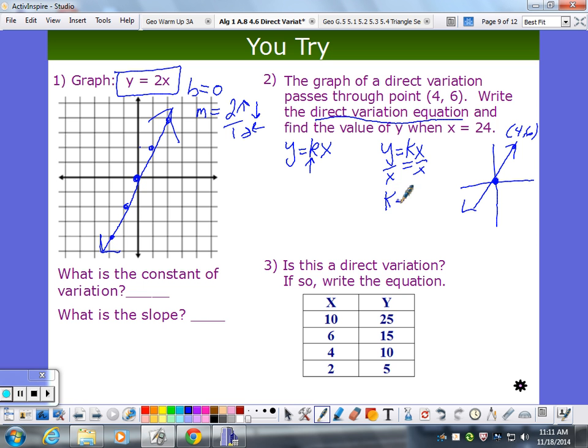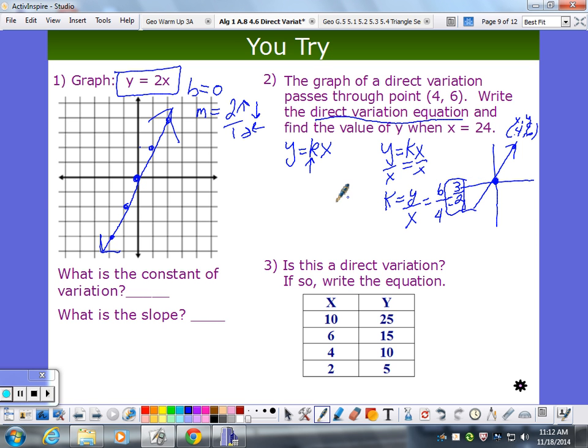So k equals y over x. What's y? Here's my point, 6. And then what's x? 4. Reduce. Do you have to reduce it? Always. 3 over 2. What's k?